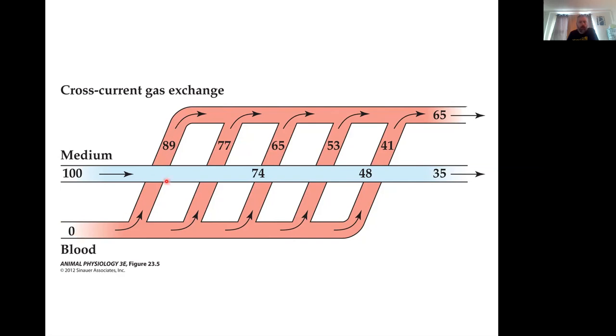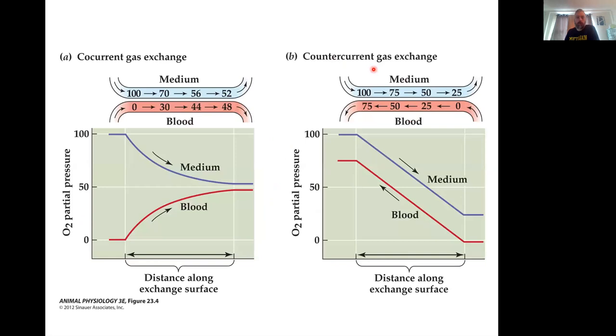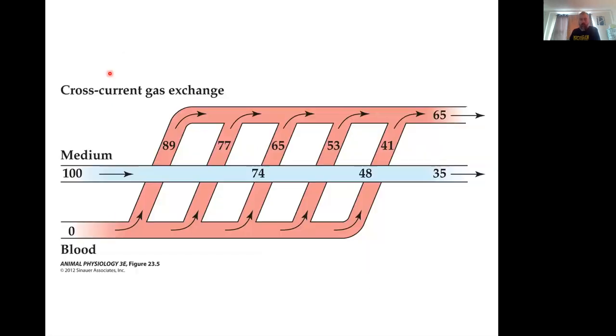And in doing so, it picks up oxygen from that water at multiple different levels, and all comes together. We net somewhere about, let me say 65% of the original. So it's halfway between countercurrent and co-current in terms of being efficient.